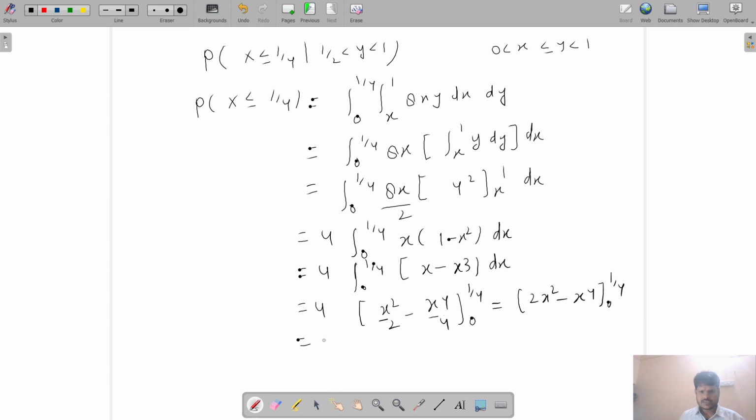So you can write here 2 into 1 upon 4 square, that is 1 upon 16, minus 1 upon 4 into 1 upon 4 into 1 upon 4 into 1 upon 4, we get 256, right?